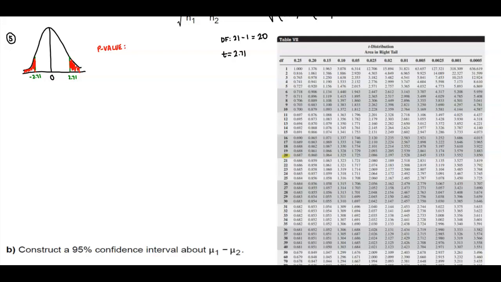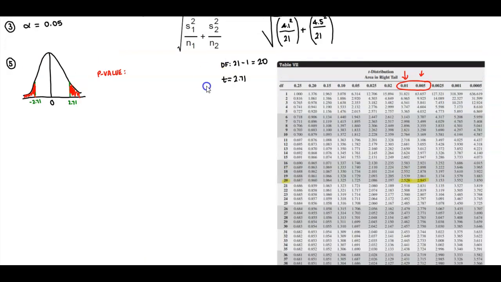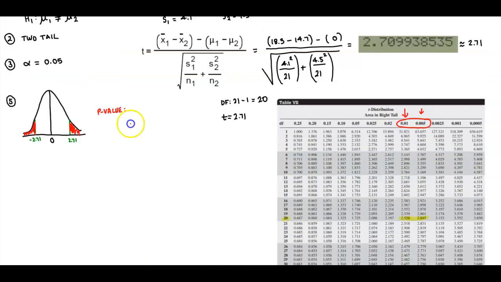Well, 2.71 is in between 2.528 and 2.845. That tells us that the p-value is going to be in between the two numbers up here, between 0.01 and 0.005. So when we write the p-value, we will say that the p-value is in between those two numbers.